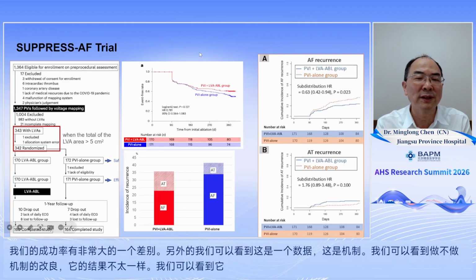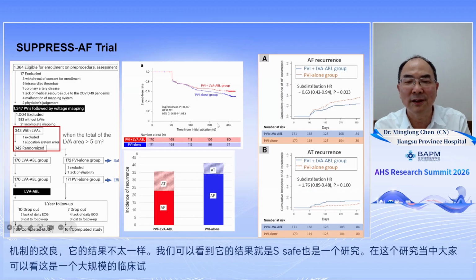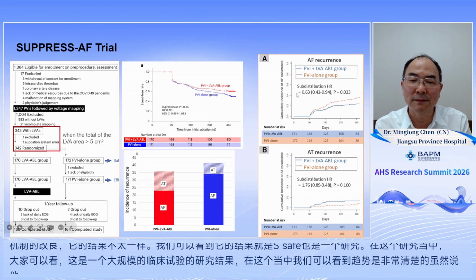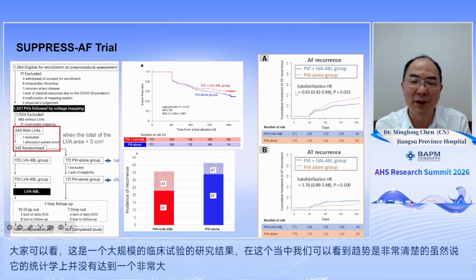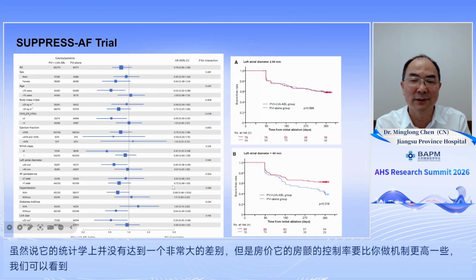The very recent Substrate AF trial had a large sample size of AF patients with substrate, and you can see that the trend is clear, even though the statistical difference is not achieved. The AF control rate is higher than in those where you don't do substrate modification, but this AF control rate may be diluted by the occurrence of atrial tachycardia afterwards.